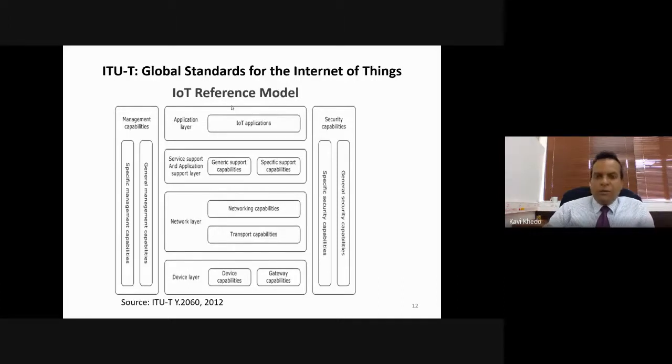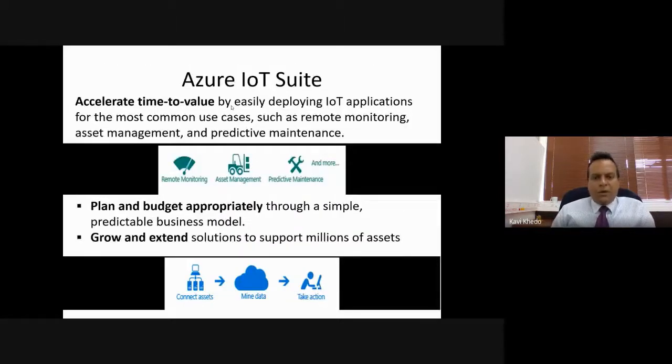So let me start with Azure. This is a Microsoft product. All those big players know that IoT is very important. They know that different businesses, whether banks, petroleum companies, or in the health sector, clinics, hospitals, in all those sectors, there is use of IoT.